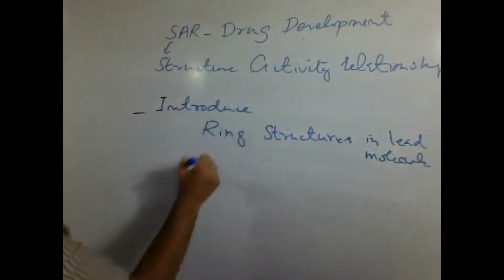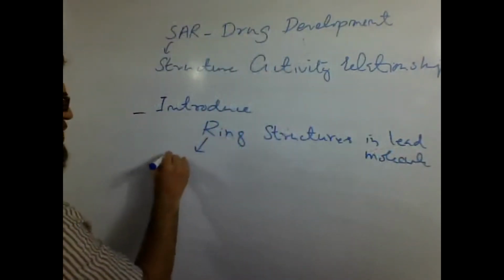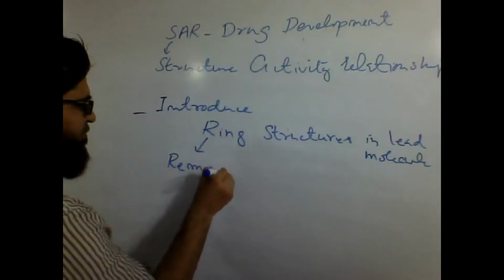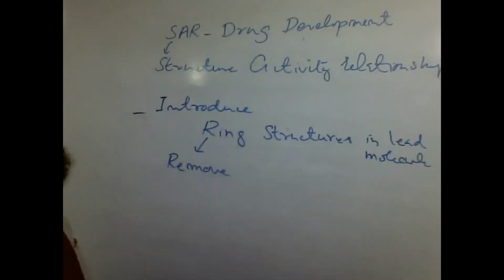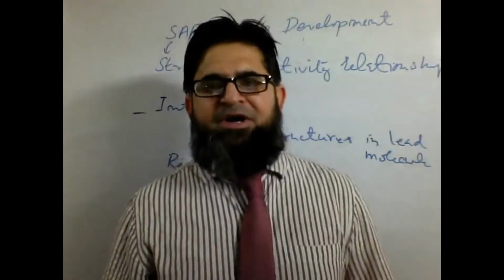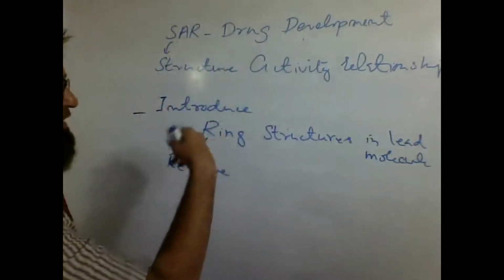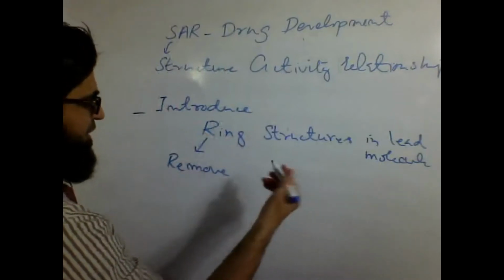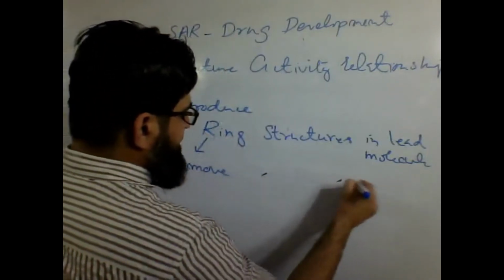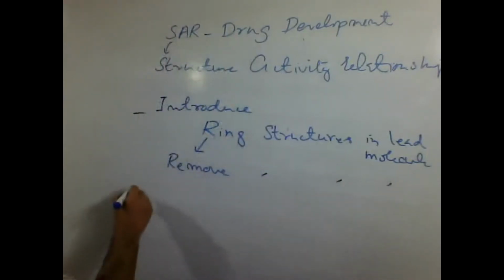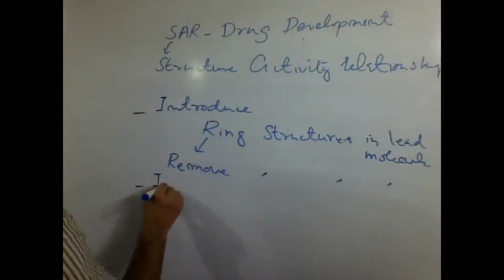We can introduce, sometimes we can remove. If the lead molecule already carries any ring structure, 4-member ring, 5-member ring, 6-member ring, we can introduce a ring structure, or we could remove the ring structure.